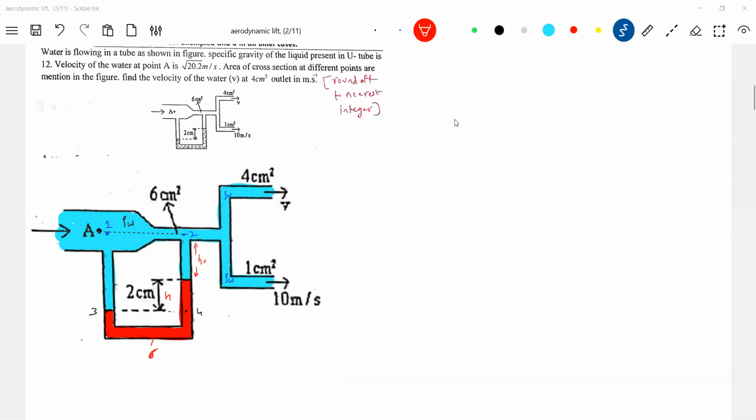Flow rate at 1 should be equal to the flow rate at 5 and 6. So I put 3, 4 here, and 5, 6 I'll write here. This is 5, this is 6. So first, shall I proceed like this?